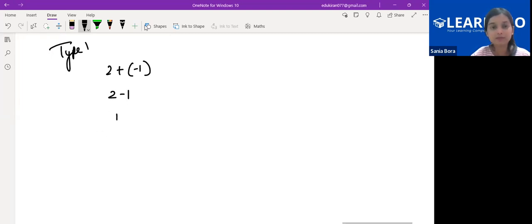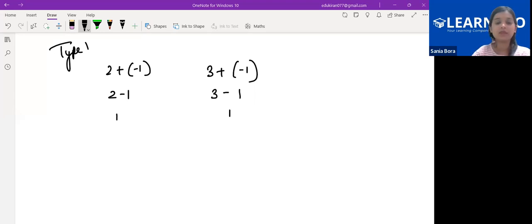Clear? And similarly, for example, 3 plus minus 1. Again, plus minus minus, so your answer was 1. So in the first type of question, you just have to solve the bracket and then get the answer.